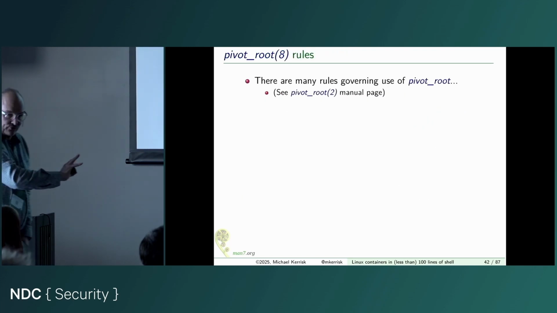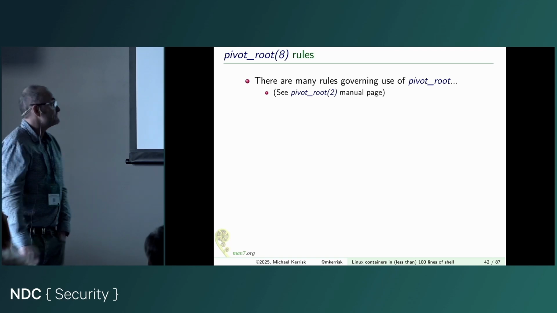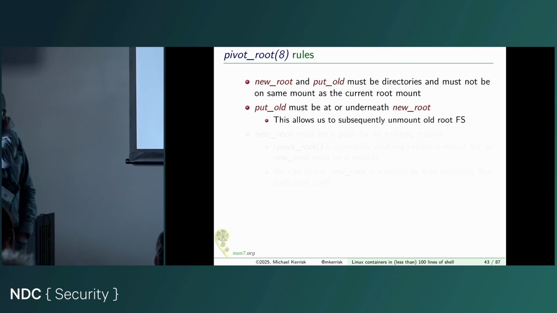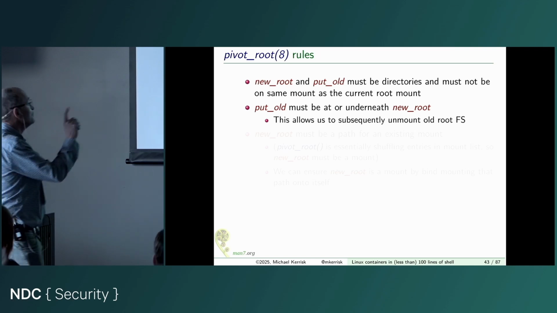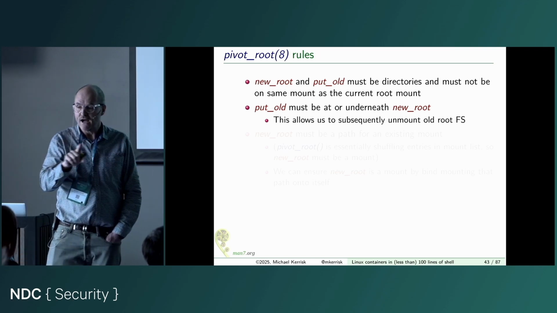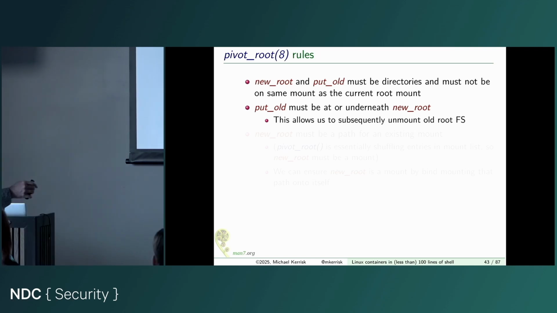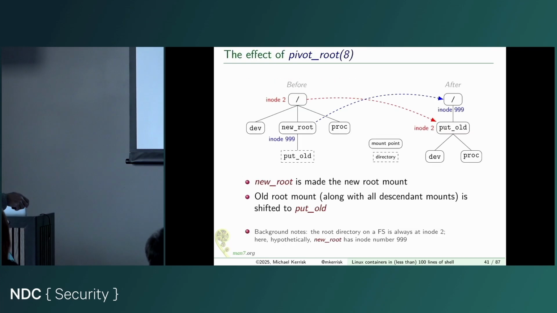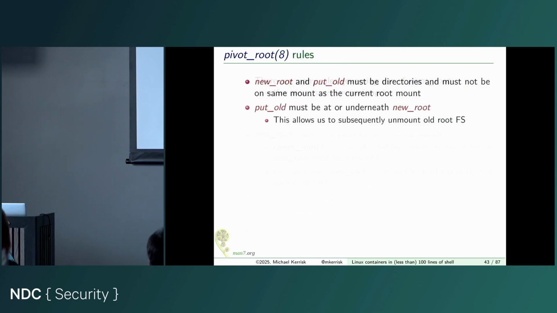There's a lot of rules about using pivot_root. I don't want to try and explain them all. You can read the manual page, but there's a few rules like the new root and put_old must not be on the same mount as the current root, and when you look at that picture, of course, you can work out why we'd end up with something quite circular.